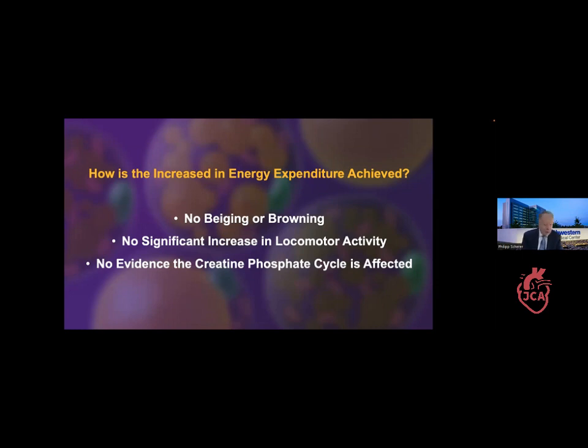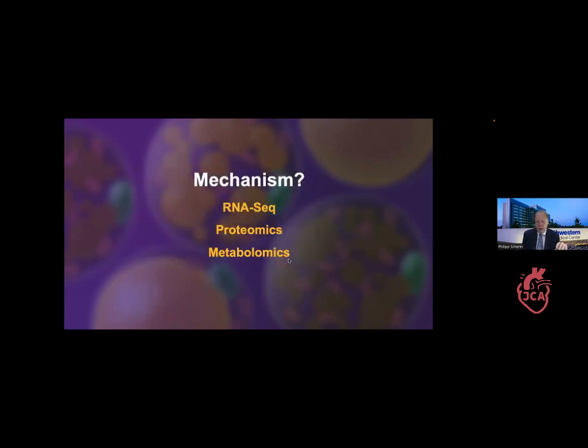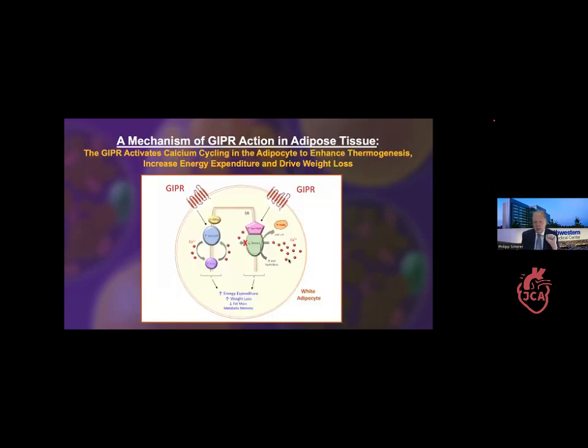A brief word on the mechanism at the end now. We agree that there's no beiging or browning. The mice don't spend more energy running around, and other futile cycles of energy wasting are also not taking place here. You throw the kitchen sink at this, and you walk away with a relatively remarkable new set of observations that involve the sarcolipin-SERCA pathway in the ER as an energy wasting phenomenon, mostly known in muscle so far.